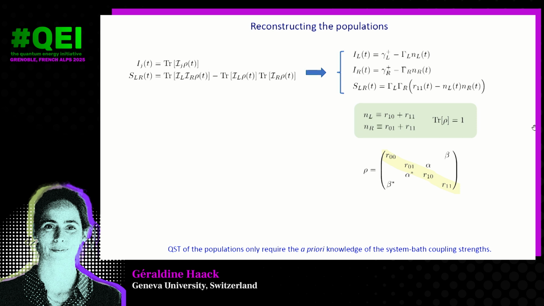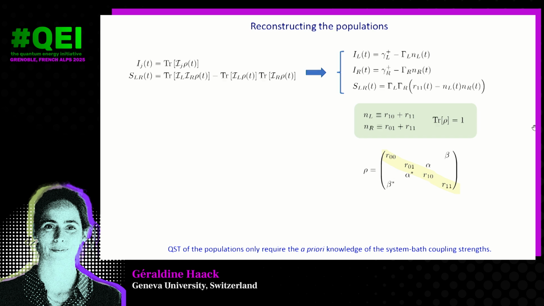In terms of the density operator, the population of the left qubit is R10 plus R11, and so on. So you see that I get, now this is linear algebra, no? I get 3 equations and I have 3 elements that I want to access. So R11, R10, and R01.